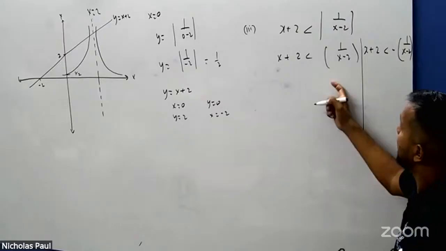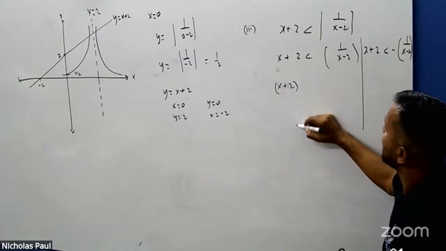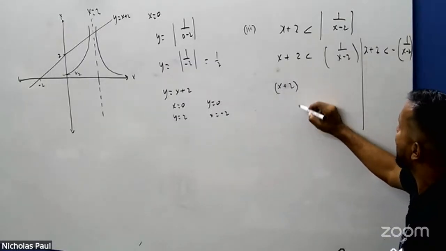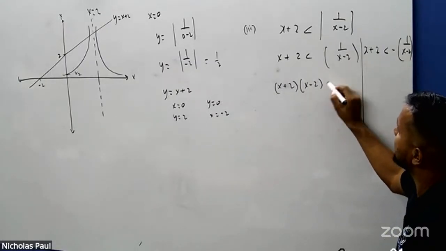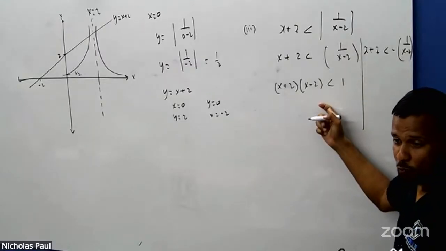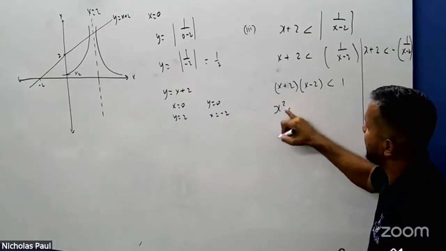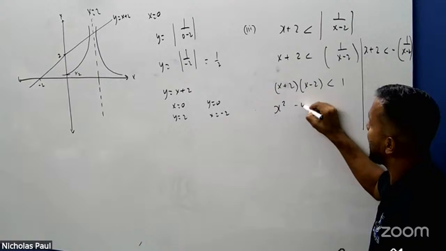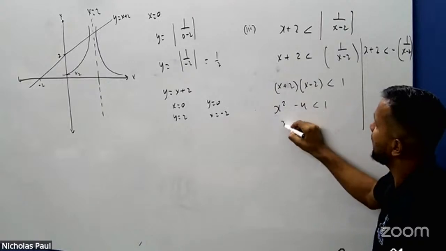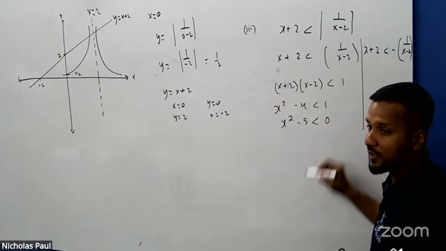When it's positive, we can cross multiply: x plus 2 by x minus 2 is less than 1. Remember, it's a quadratic, so we will get x squared minus 4 is less than 1. We will get x squared minus 5 is less than 0.